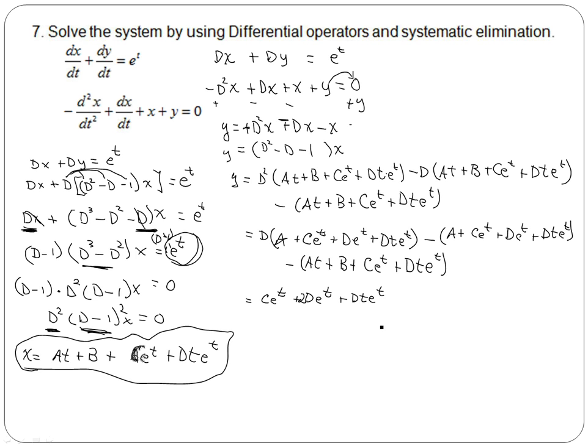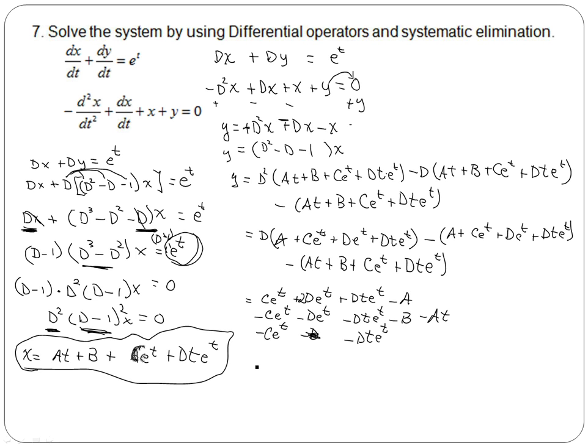And then subtracting all of this, I've got a minus a, minus c e to the t goes here, minus d e to the t, minus dt e to the t, and then subtract off at, subtract off b, that's a constant, I'm going to line it up with this constant, minus c e to the t, minus dt e to the t.